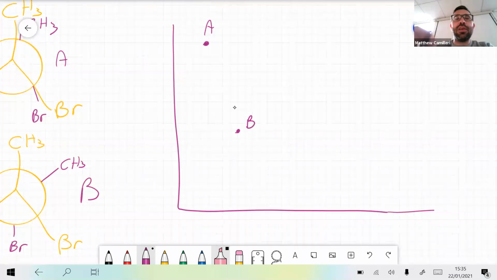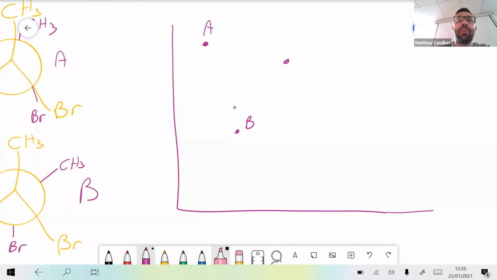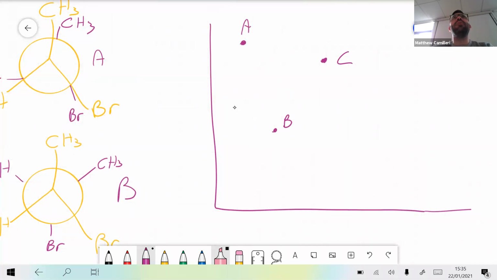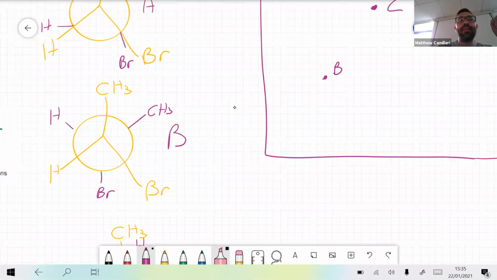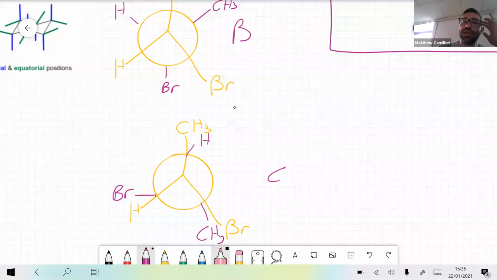Therefore, in fact, C would be a bit higher. But it's not going to be as high as A. The reason is that in A, you have a bromine behind another bromine. Two big, juicy atoms. You can then rotate another 60 degrees.